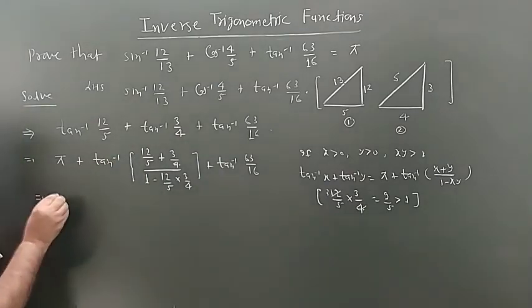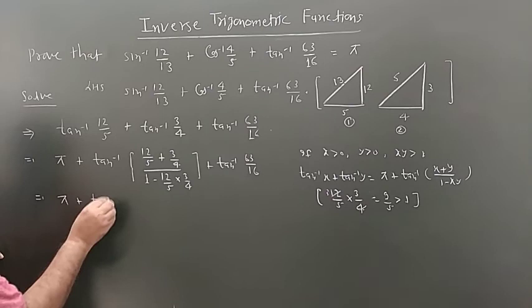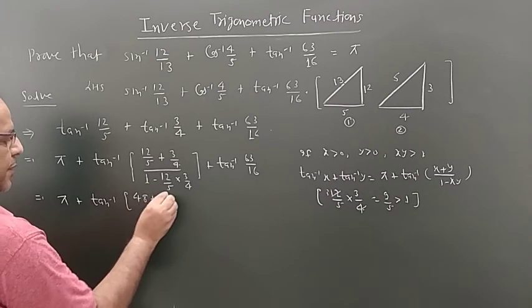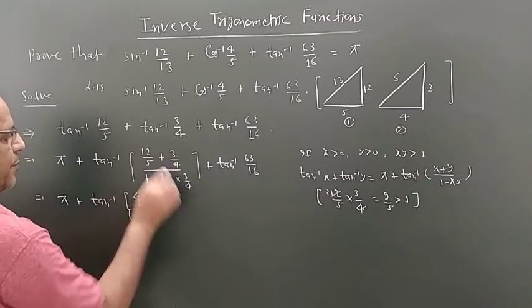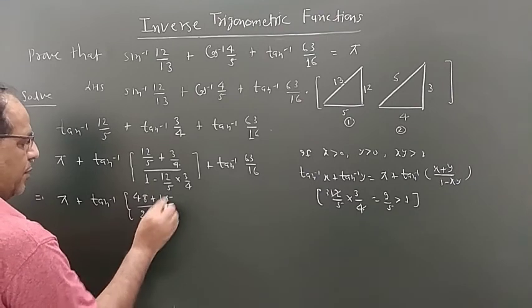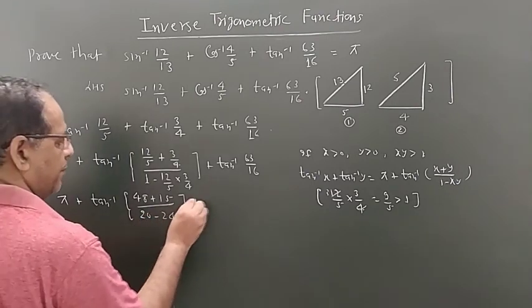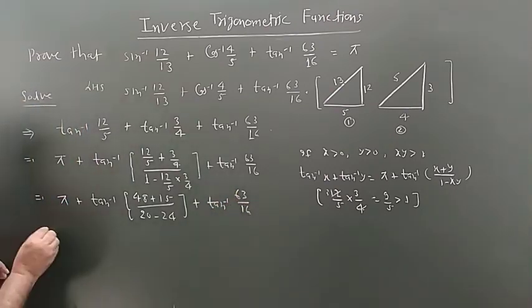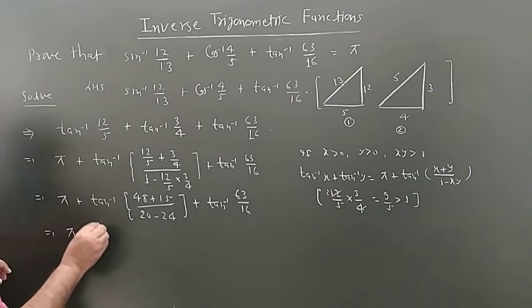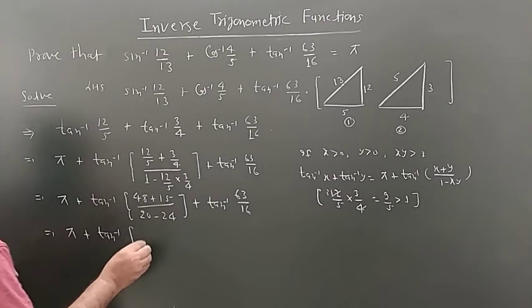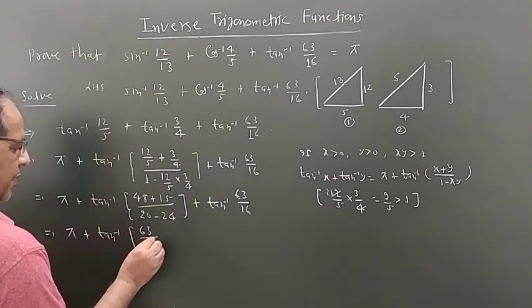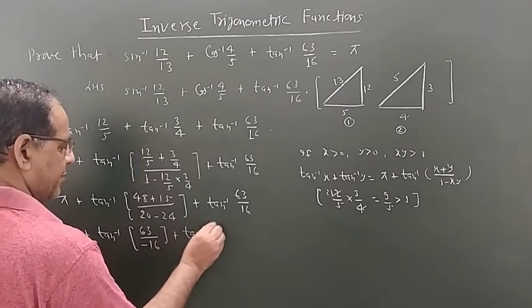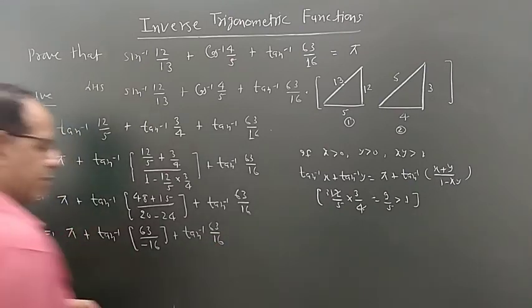So we use this identity. Now again pi plus tan inverse, this is 48 plus 15 upon 20 minus 24, plus tan inverse 63 upon 16. In the next step, pi plus tan inverse, this becomes 63 upon minus 16, plus tan inverse 63 upon 16.